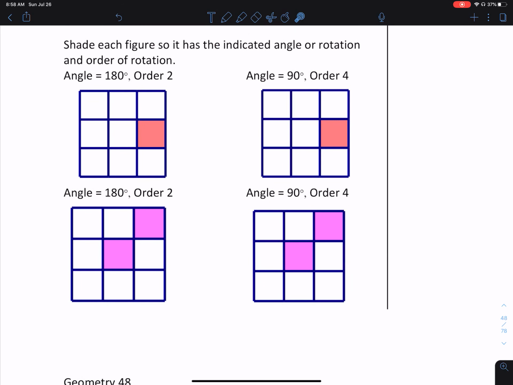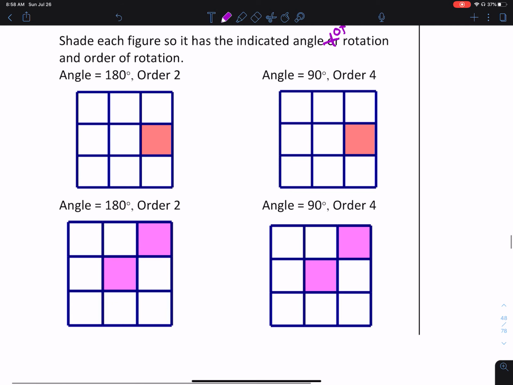Shade each figure, I should say, so that it has the indicated angle of rotation and order of rotation. So angle of 180 and order of 2.